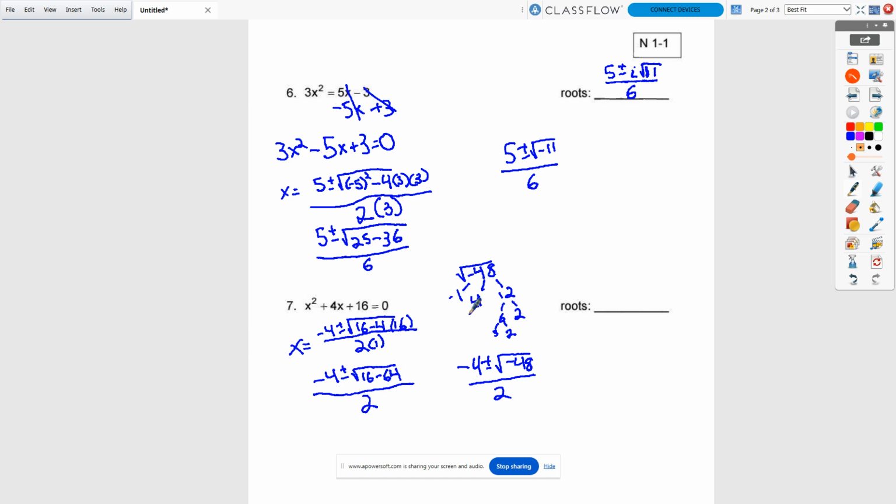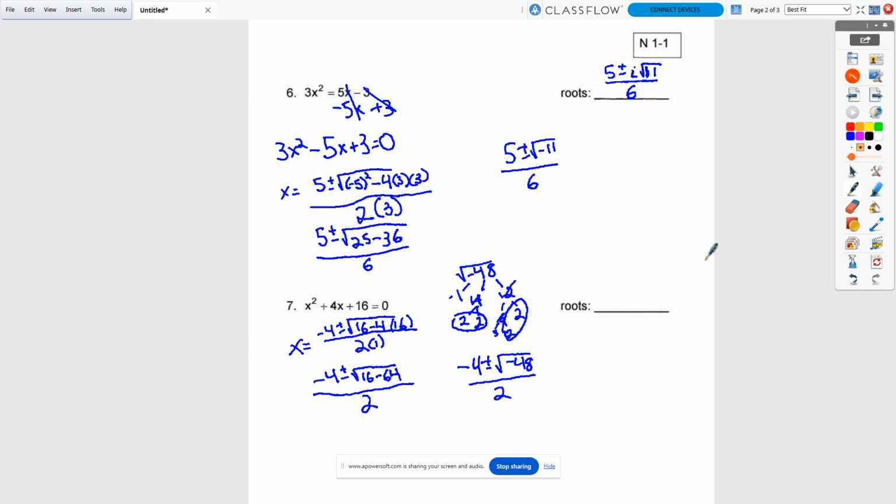And 4, of course, would be 2 times 2. Let's see. Cross out those that got split up. And I've got a pair there, a pair there, and then I've got that negative 1. So I've got a 2 and a 2, which gives me 4.